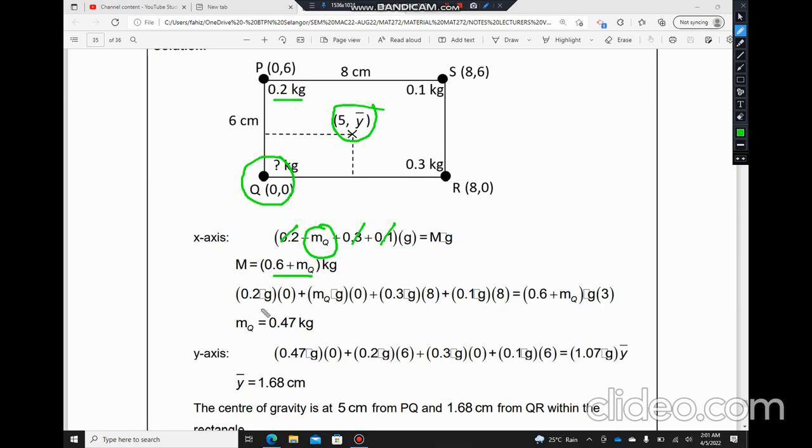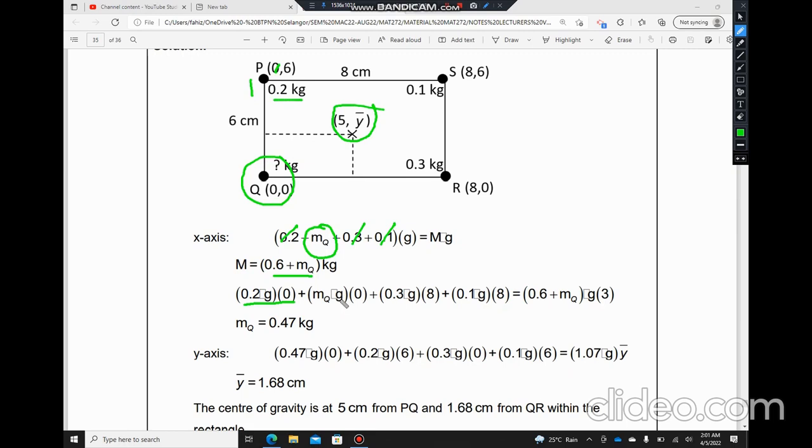And then the same with the position formula. So 0.2, we take the first one for P, 0.2 G multiply by 0, and then next we have MQG multiply by 0, because this one is the origin and its X is 0, this one also has X of 0.